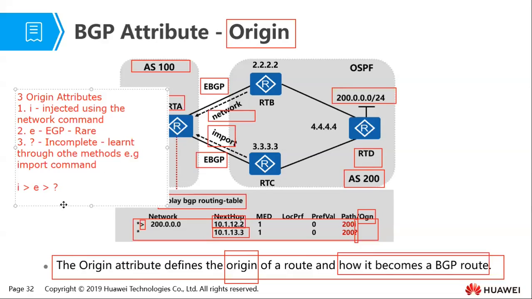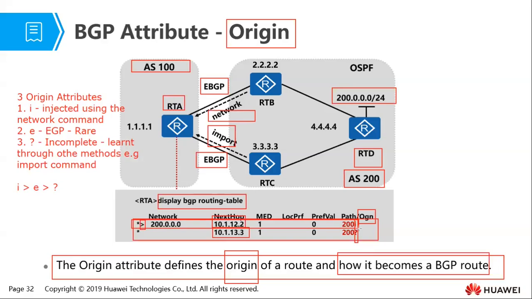So a route learned via the I will be preferred, then E, then question mark. So that explains why this route has been selected as the best route, and not this other route which used the import command.